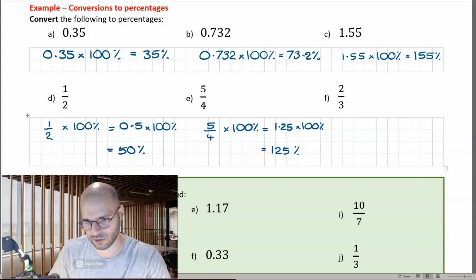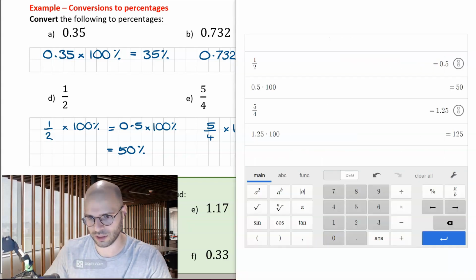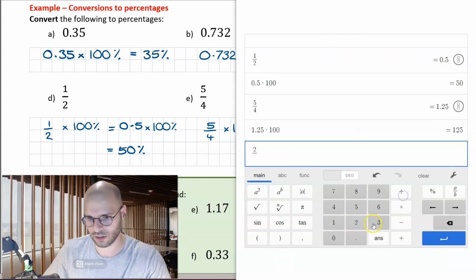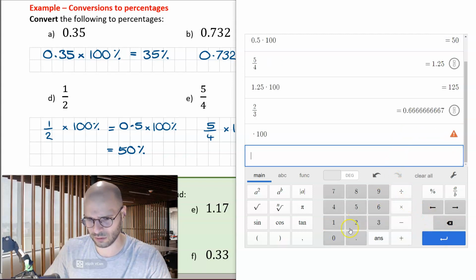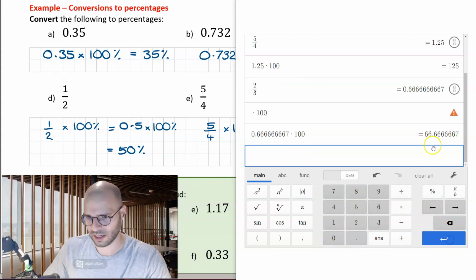Next, 2/3. Go 2/3 times 100%. That's going to equal, up we come, 2/3 equals, and what we have is a recurring decimal. What we're going to do is simply multiply this by 100%. 0.66666667 times 100%, and then I'm going to round it to 2 decimal places.